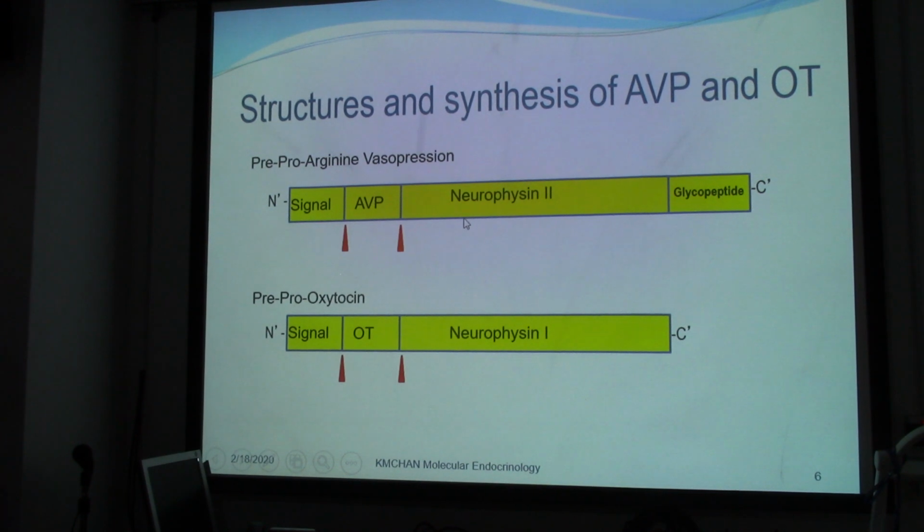The precursor would contain another peptide which is also important in keeping the function of these two hormones. These are neurophysin 2 in pre-pro arginine vasopressin, or neurophysin 1 for oxytocin. And then there's an extra glycopeptide, longer than this normal neurophysin 1. This is the basic structure of these two hormones.